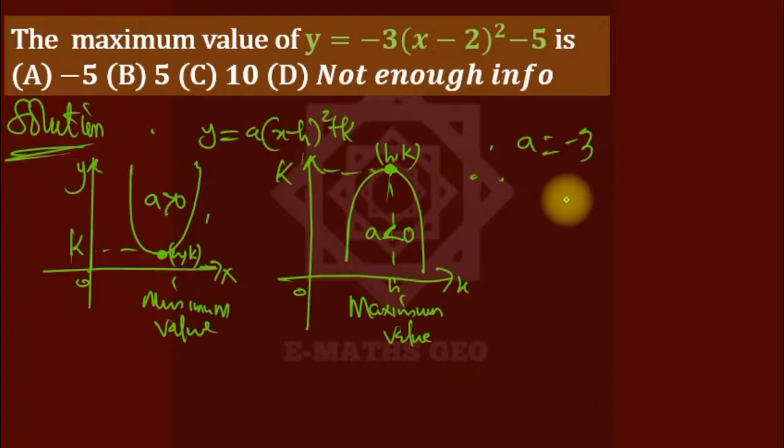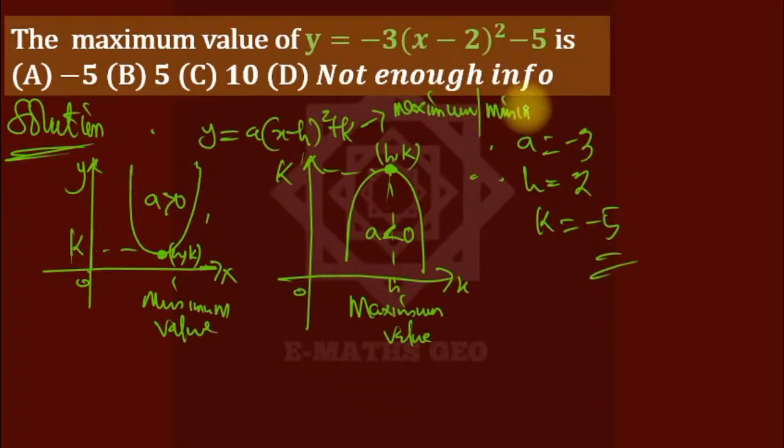And h is 2, k is minus 5, and this is the answer. So every quadratic function, k is the maximum or the minimum value depending on the shape. So our answer is option A, so that you don't need to waste time expanding. Thank you.